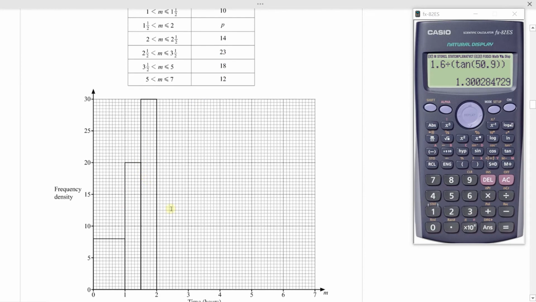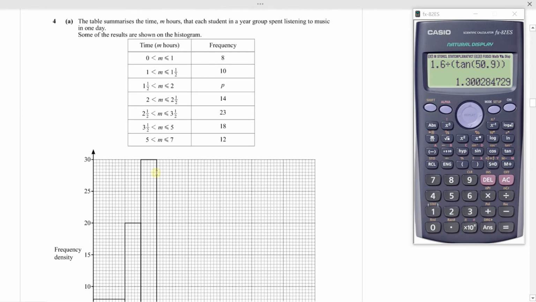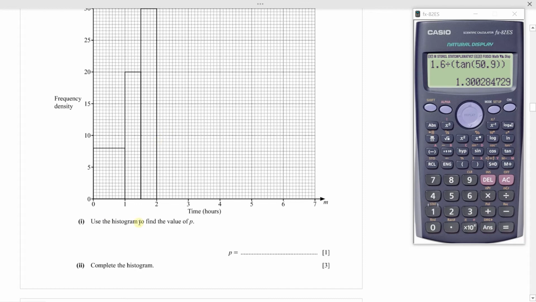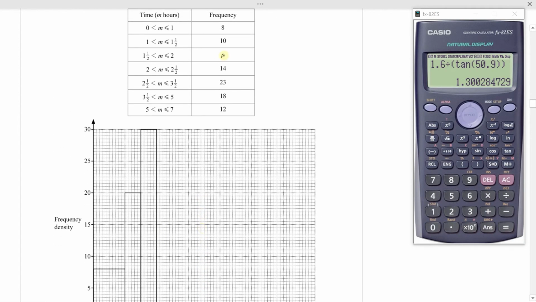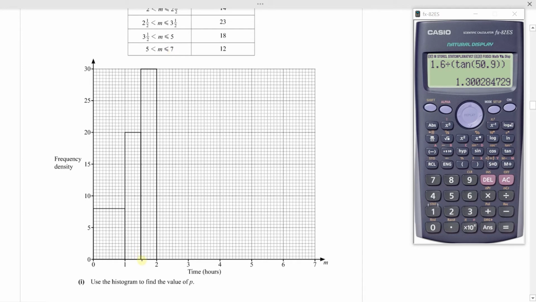So this is the histogram that is partially drawn. The first part is, use the histogram to find the value of P. So P is your frequency for this class width, which is 1.5 to 2 hours. If you look at the histogram, for 1.5 to 2 hours, your frequency density on the y-axis is 30 here.